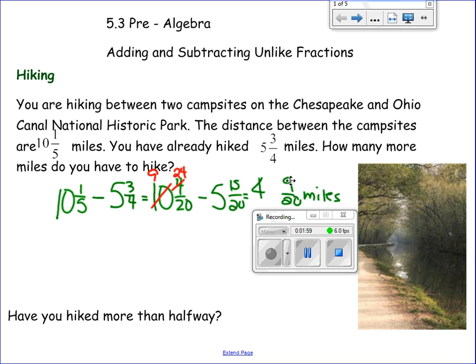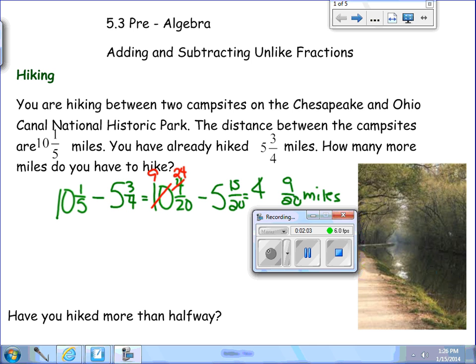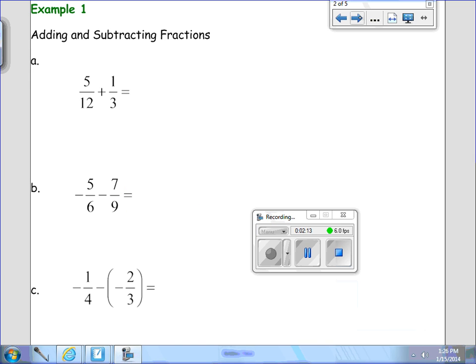And the question that they have at the bottom, have you hiked more than halfway? So yes, you have hiked more than halfway, because half of 10 is 5, and you only have 4 and 9/20 miles left.